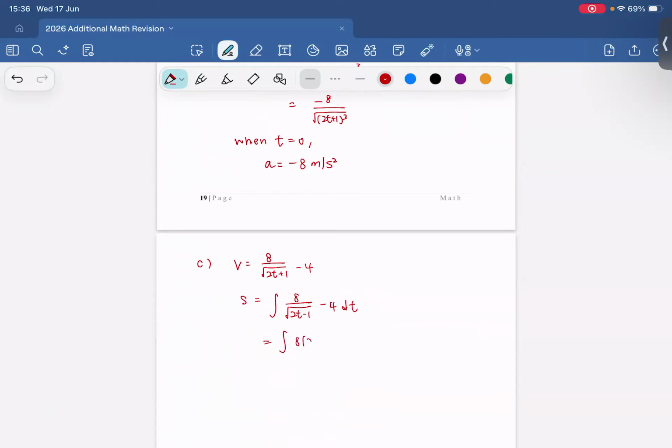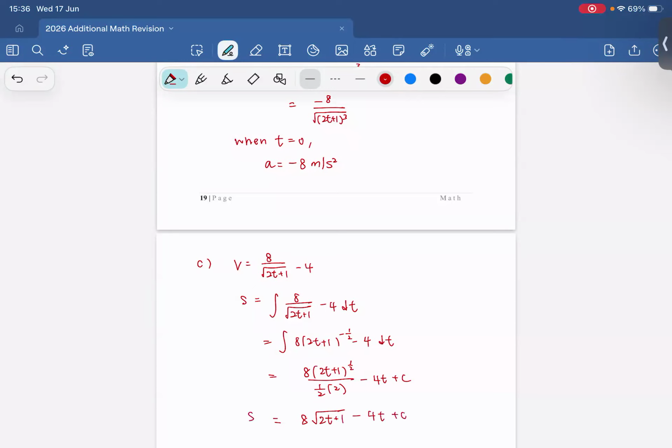This is actually 2t minus 1 plus 1 to the power of negative half. So when you integrate this, power increase by 1, divide by the new power, divide by the differentiation of the inside. Remember to plus C. So simplify this, it becomes 8 square root 2t plus 1.